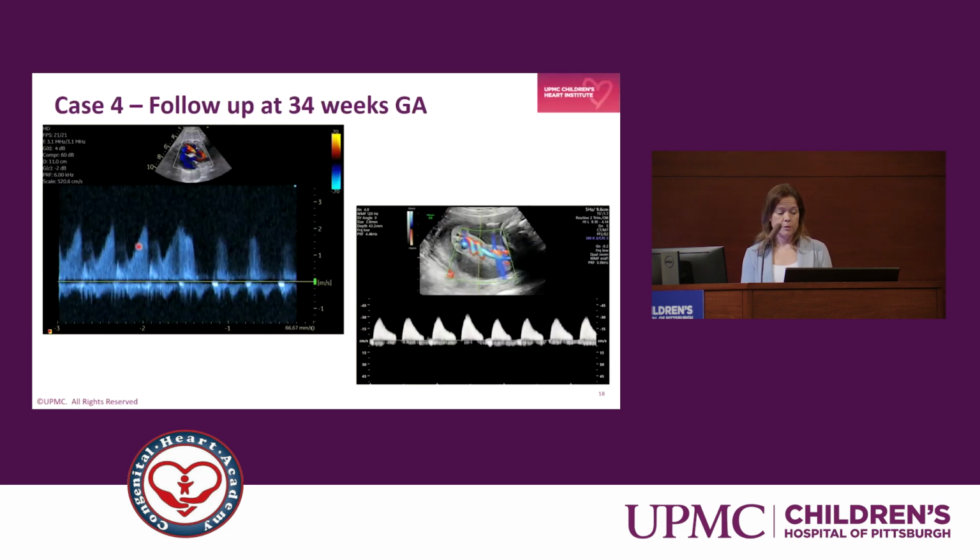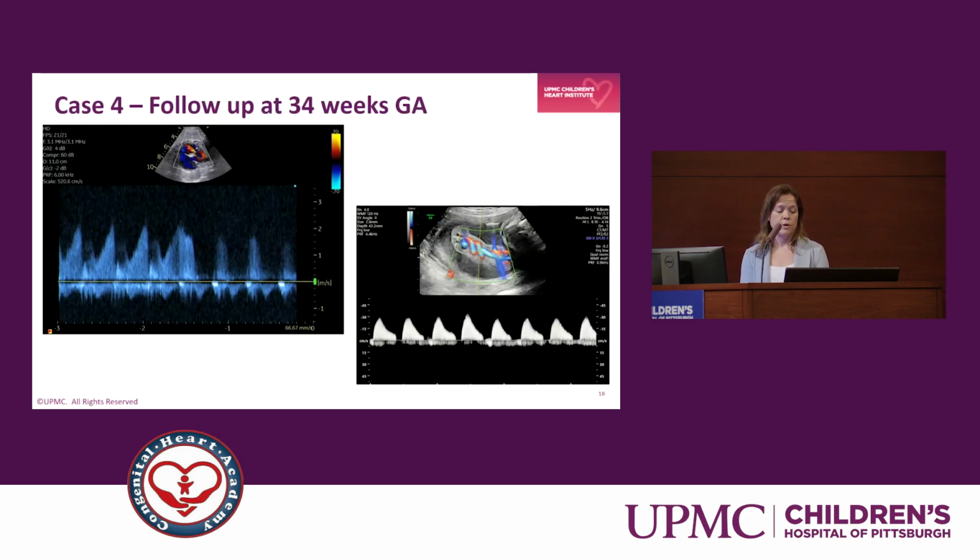The Doppler of that pulmonary insufficiency shows that it's continuous, and unfortunately, the umbilical artery Dopplers showed cessation of flow at end diastole and even some clips with reversal of flow. Due to concerns for non-reassuring fetal heart rate tracings, the baby was delivered right away in this case before we could consider treatment with NSAIDs.